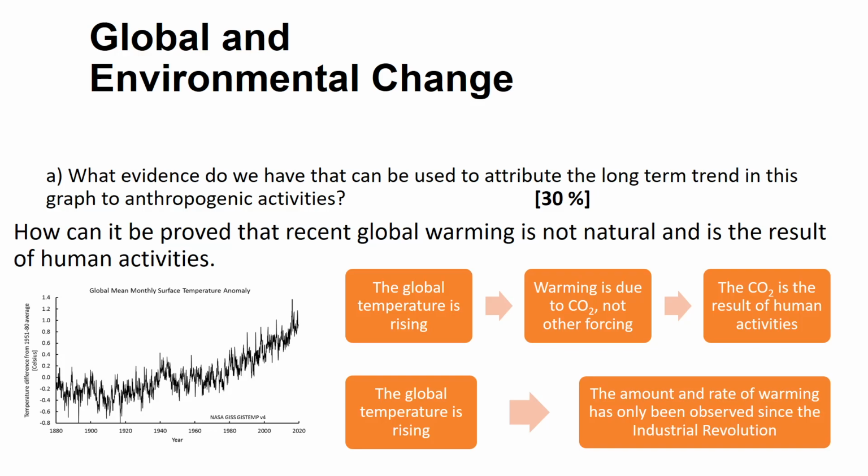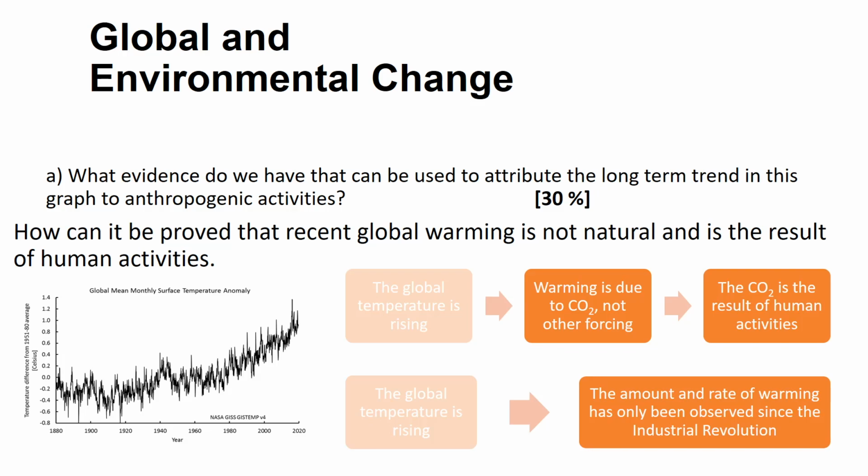Then one line of argument might go down this top route here, the ones that I've not grayed out now. One line of argument is that we can show that warming is due to carbon dioxide in the atmosphere and is not caused by something else, changes in the solar output, changes in amounts of volcanism, land use change or anything like that. So it's just due to CO2 in the atmosphere.